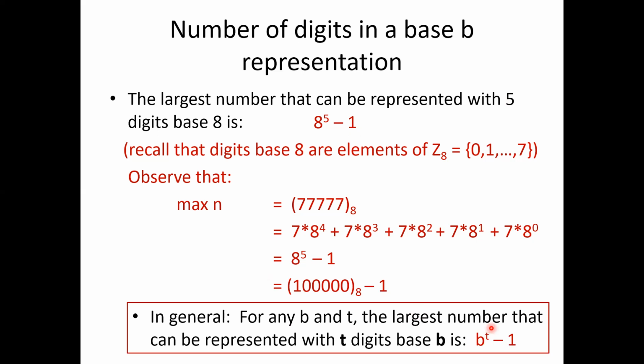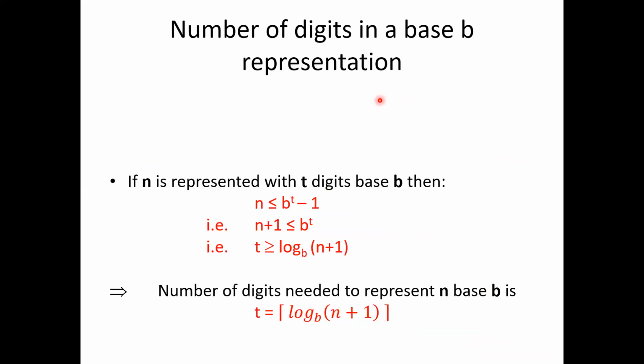Now, the converse of this: if I have a number, some decimal number n, and I need to represent it in base B, how many digits will I need? So now I need to invert this.